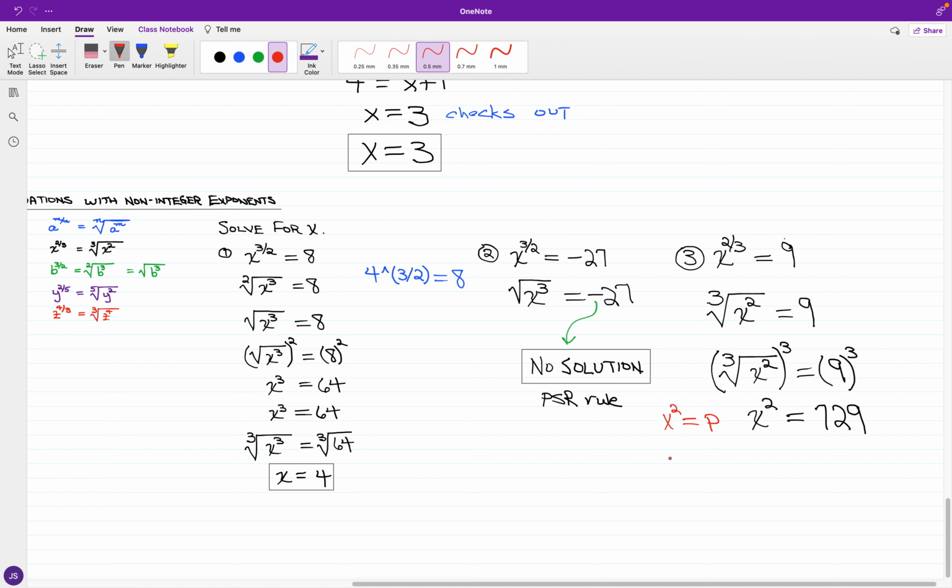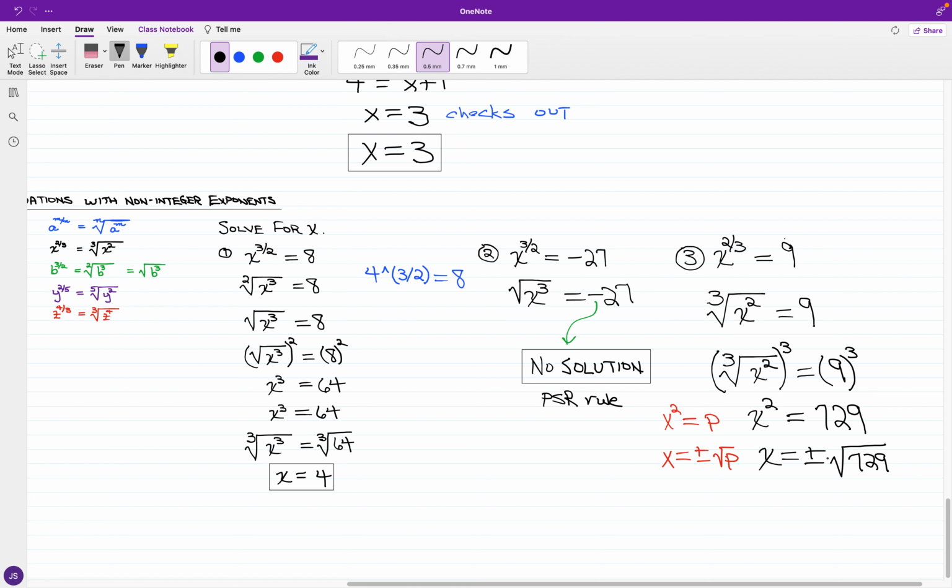Again, if you have x squared is equal to p, x is equal to plus or minus the square root of p. And so with p at 729, we're going to have that x is equal to plus or minus the square root of 729.